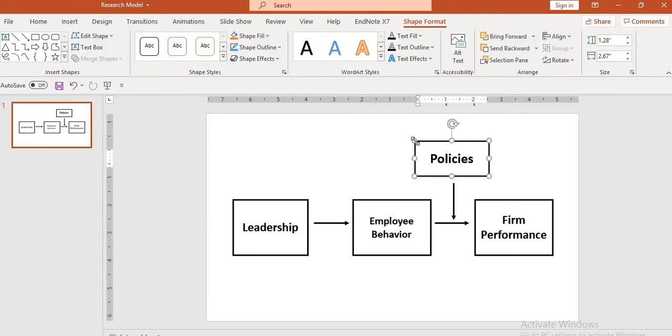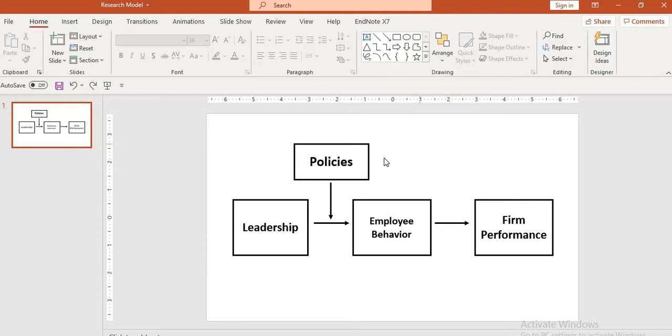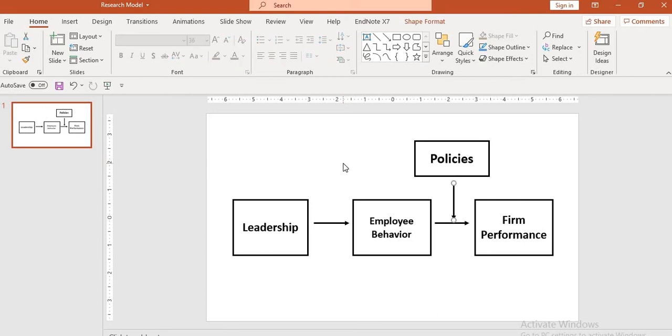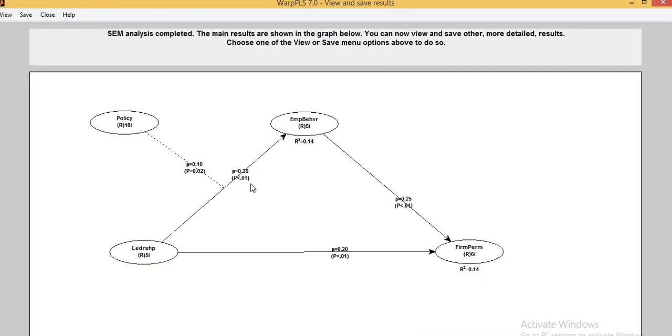So it is important that you must know what the structure is. Here the structure is different, but earlier the structure was different. At this place the statistical values must be different. So you must know the structure of your study.